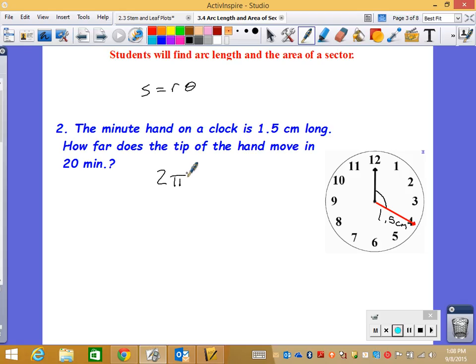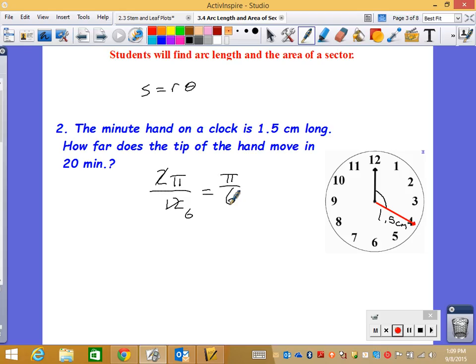So for each number, so from 12 to 1, from 1 to 2, from 2 to 3, right, there are 12 of those sectors in this circle. So I'm going to divide by 12 to figure out the theta in radians between each number. Well, 2 goes into 12 6 times. So between each number is pi over 6 radians.